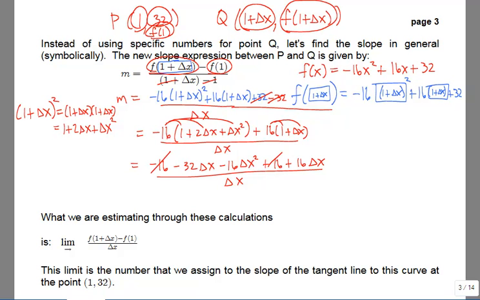What we're left with in the numerator has terms with delta x's. We have a delta x here, here, and here. Since they all have a delta x, I can factor it out just like a GCF. That would leave me with this negative 32 minus, if I take one of these delta x's away, I still have one left, plus that minus 16 in front. And if I take this delta x away, I'm just left with a 16.